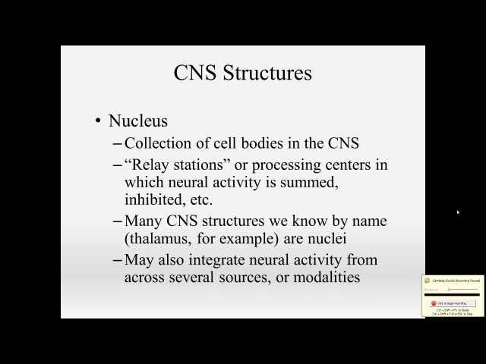So, for example, there's a facial motor nucleus, which serves as a collection point, if you will, a relay station for those nerves that are going to innervate movement of the facial muscles. That's kind of what's meant by this idea of integrating neural activity, potentially from several sources.